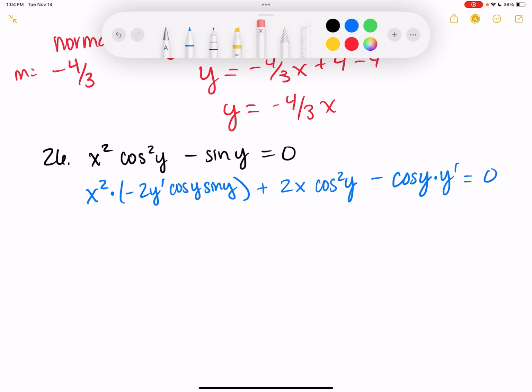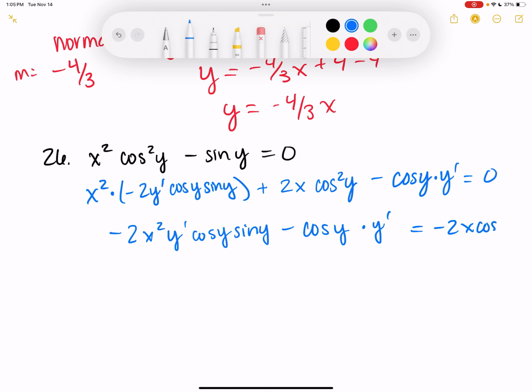So now I've got a y prime in two pieces. Remember, this x squared is being multiplied here. So this is negative 2x squared y prime cosine y sine y. I'm going to move this piece that doesn't have any primes in it over to the other side. But then minus cosine of y times y prime equals negative 2x cosine squared of y. Now I can take my y prime out of everything.